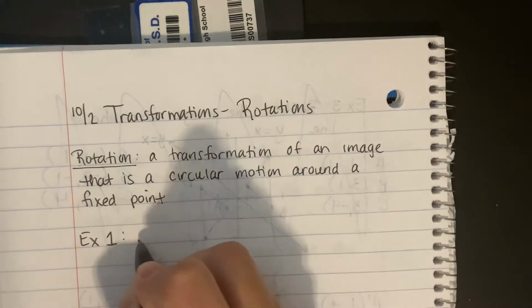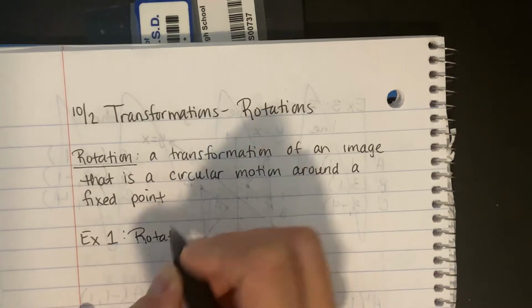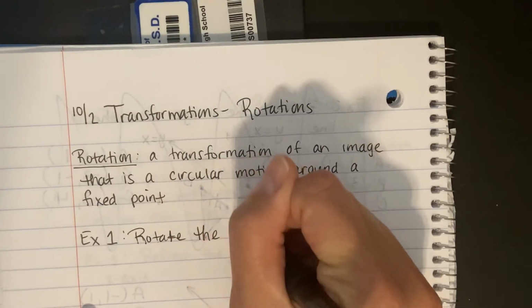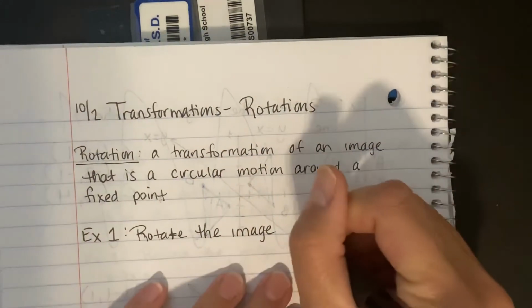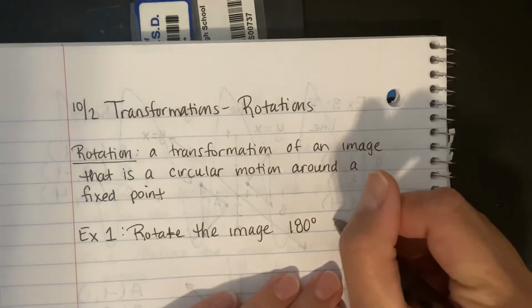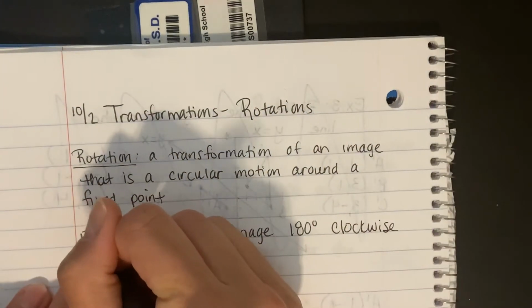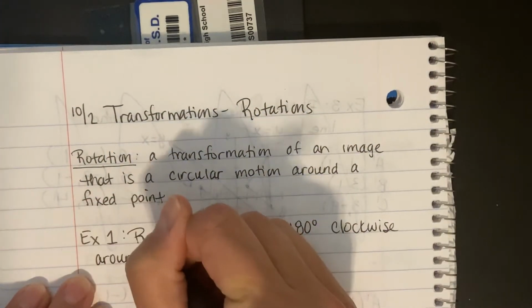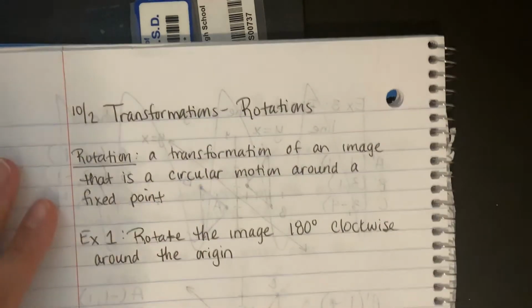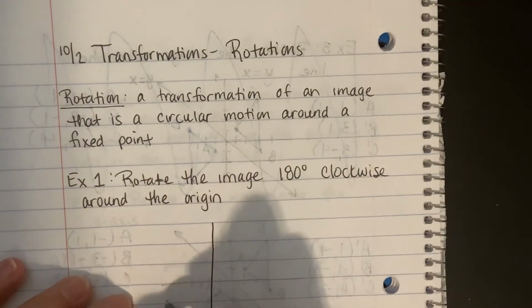All right, so I want you to rotate the image 180 degrees clockwise around the origin. All right, and we're gonna have to draw a shape each time.